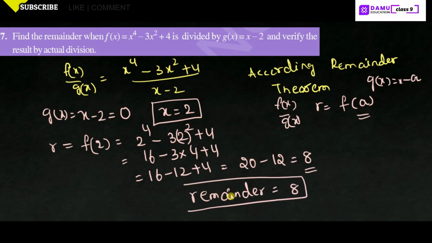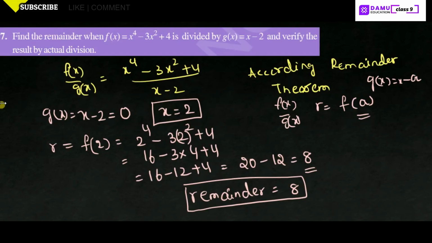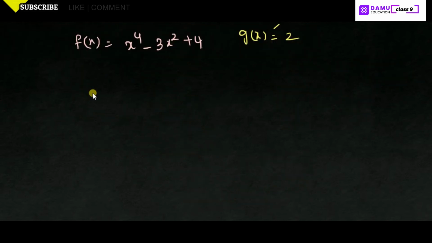Now we are going to do this problem with actual division. So what is f of x? f of x will be equal to x power 4 minus 3x square plus 4. Then what is g of x? g of x will be equal to x minus 2.